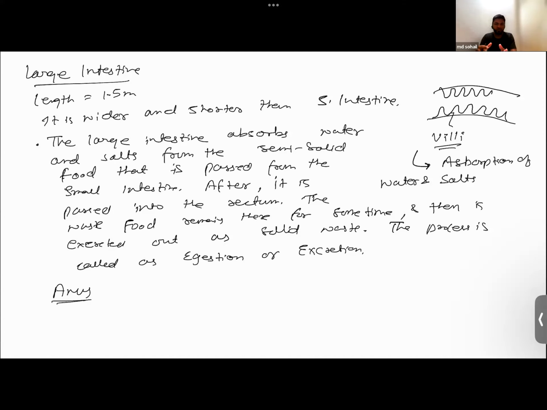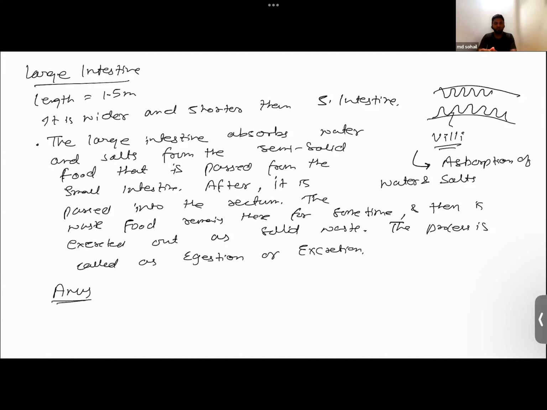In this condition, watery stool is being passed from the body. If the stool is in a solid form, then it's better. But if watery stool is passed, then the person will suffer from dehydration, loss of water from the body.